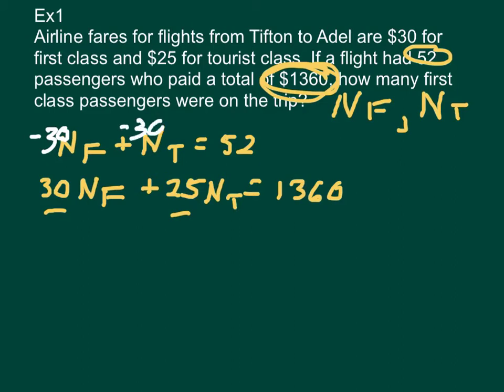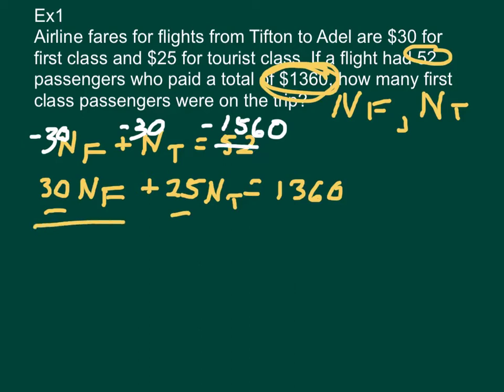Plus a negative 30 NT equals, now if I take 52 times a negative 30, I have a negative 1,560. Okay, then I'm just going to cross that out because that replaces that.